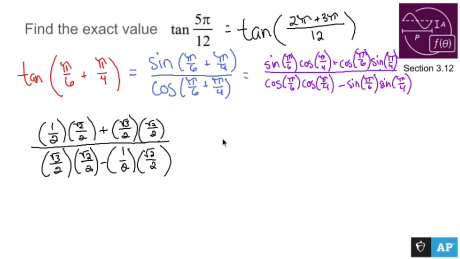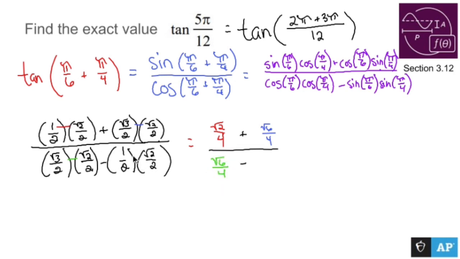Okay, so this is where it's going to get fun. Root 2 times 1 is root 2. 2 times 2 is 4. Root 3 times root 2 is root 6. 2 times 2 is 4. You're adding on top, all over, you're subtracting on the bottom. Root 3 times root 2 is root 6. 2 times 2 is 4.